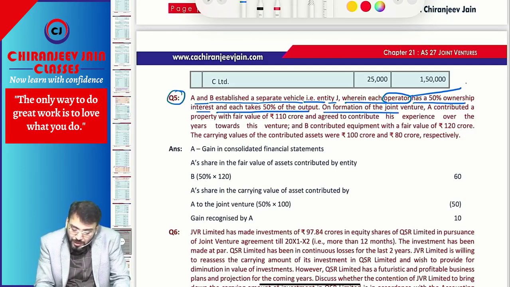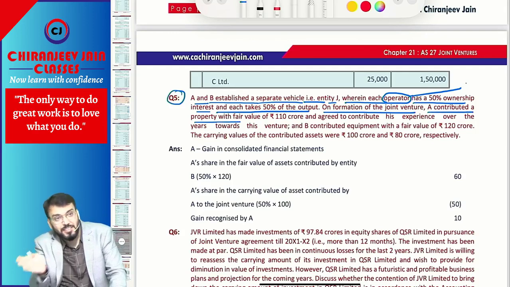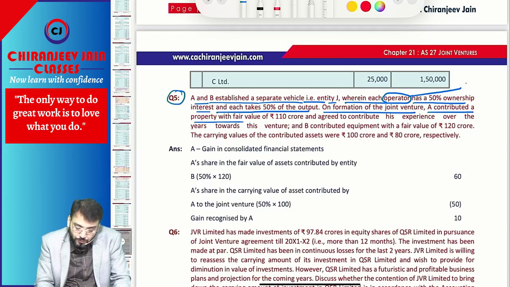On formation of the joint venture, A contributed a property with a fair value of 110 crore and agreed to contribute his experience over the years towards the venture. B contributed equipment with a fair value of 120 crore.